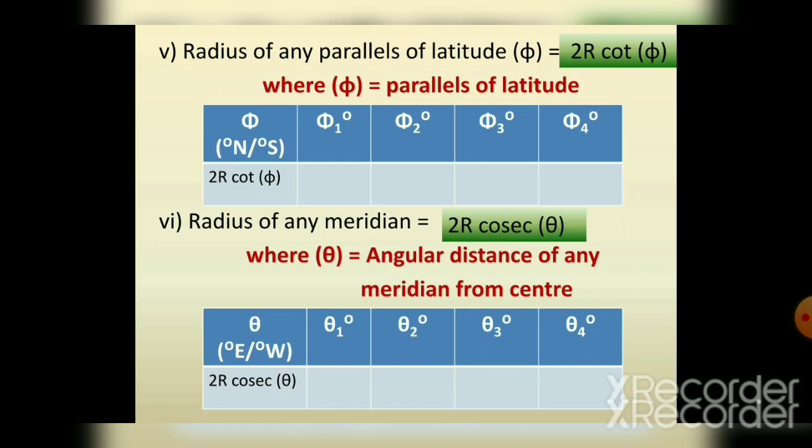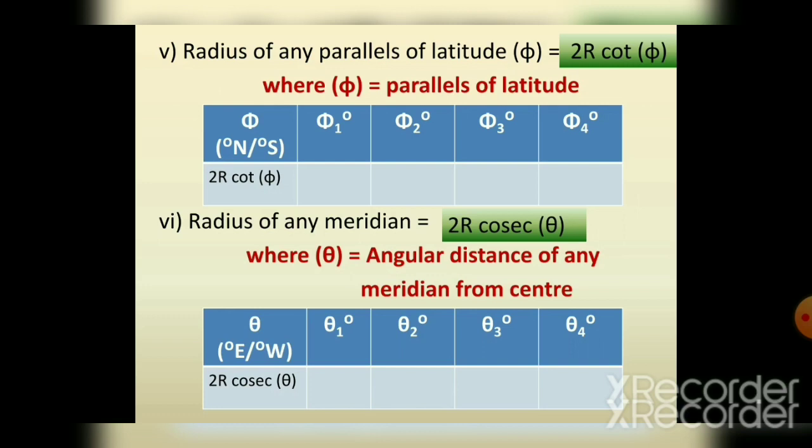For the radius of any parallel, that is 2R cot phi, phi represents the parallels of latitude, and you also have to construct a table: phi 1, phi 2, phi 3, phi 4. Depending on the interval, if the interval is 10 degrees, phi 1 would be 10 degrees, phi 2 means 20, phi 3 means 30, phi 4 means 40 degrees.